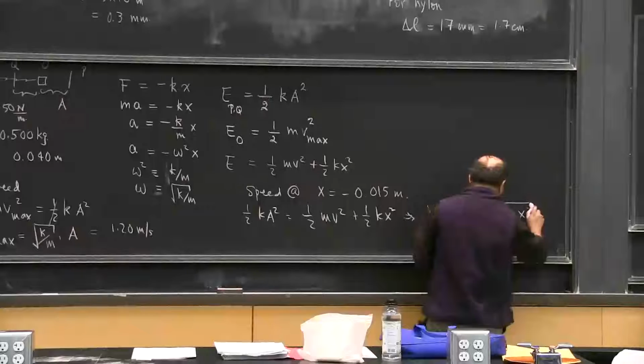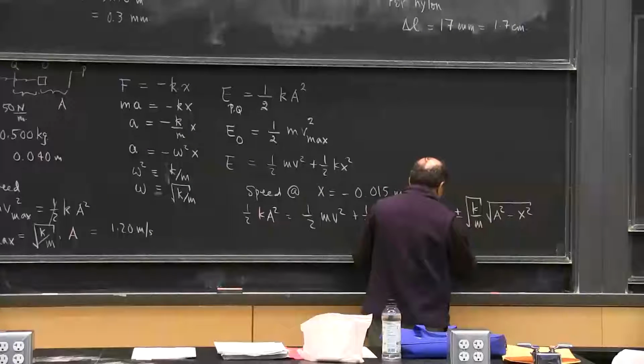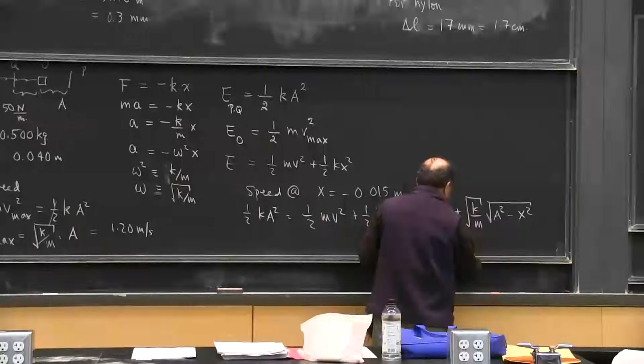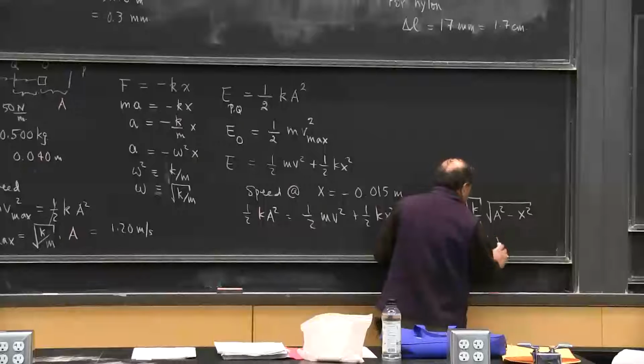And since x squared is given, I can calculate the v, and if you put in the numbers and do the calculation, this comes out to plus or minus 1.11 meter per second.